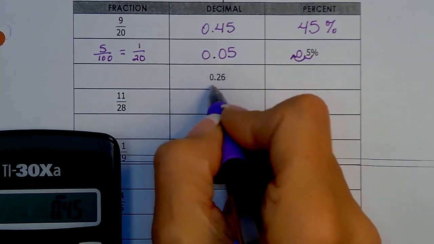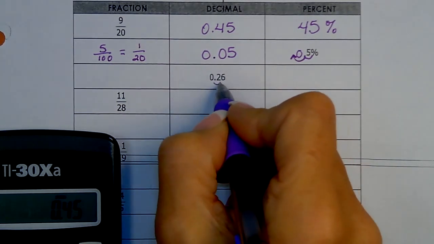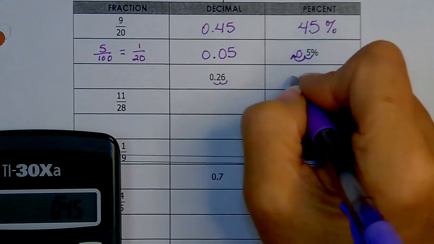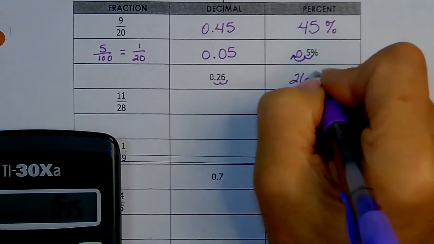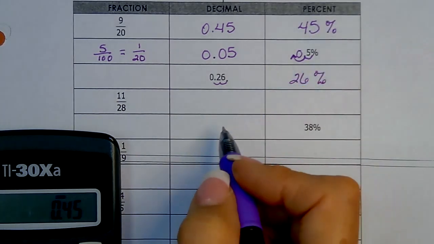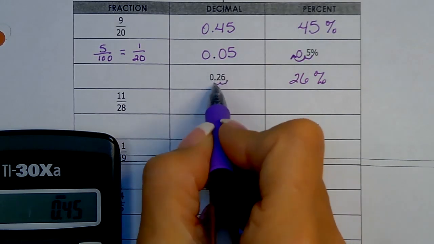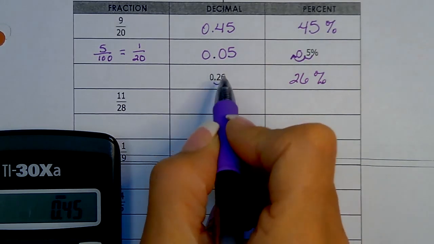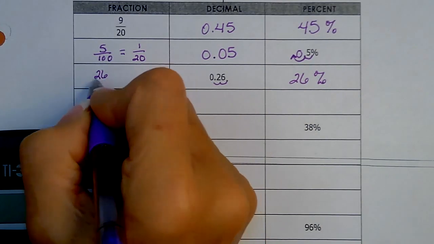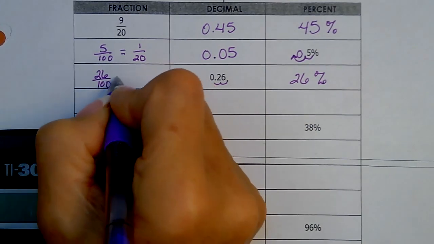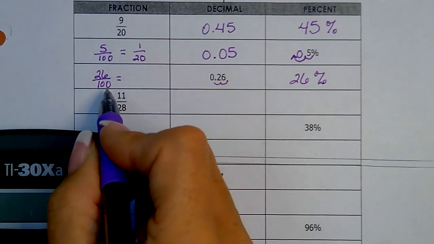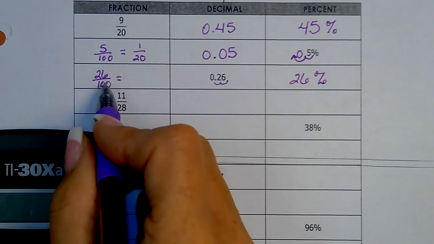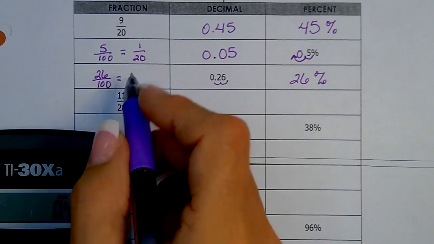Okay, next one. I can move this 2 spaces to the right, and that gives me 26%. I read it, I'd say 26 hundredths. I write 26 hundredths, and then I simplify it. So these are both divisible by 2.